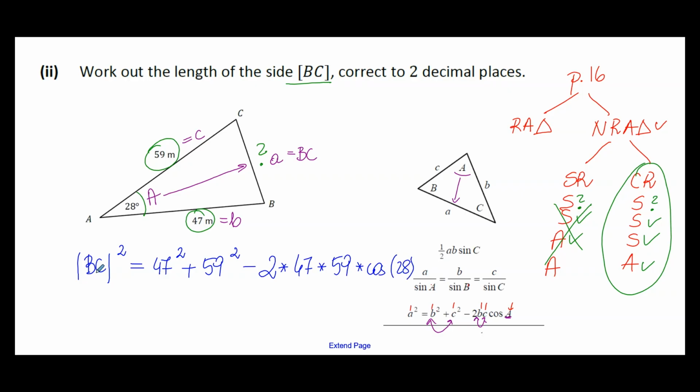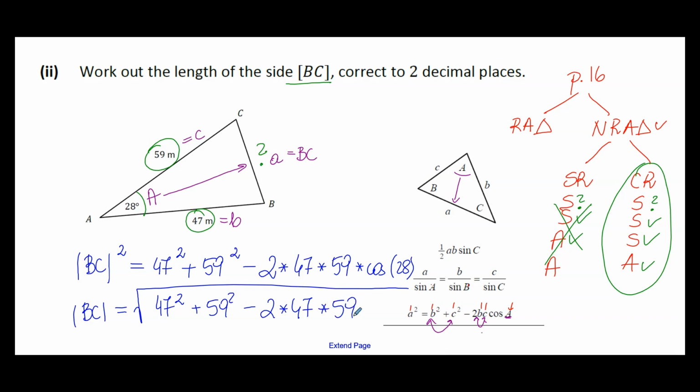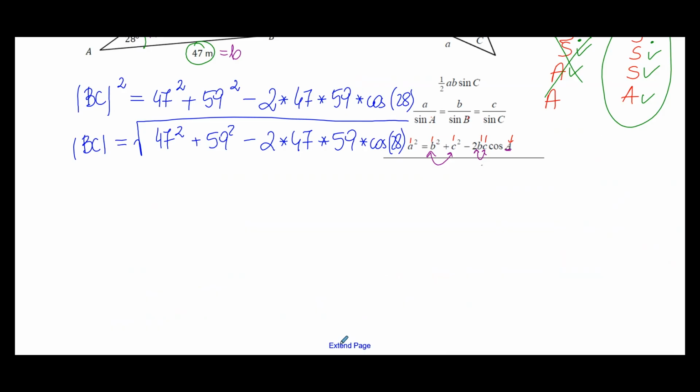Now, we want BC, not BC to the power of 2. So in order to eliminate that power of 2, we take a square root of the other side of the equation. Now that on this side of the equation are all numbers, all we have to do is put that in the calculator, press equal, and have our answer. Correct to 2 decimal places, the length of BC is 28.16 meters.